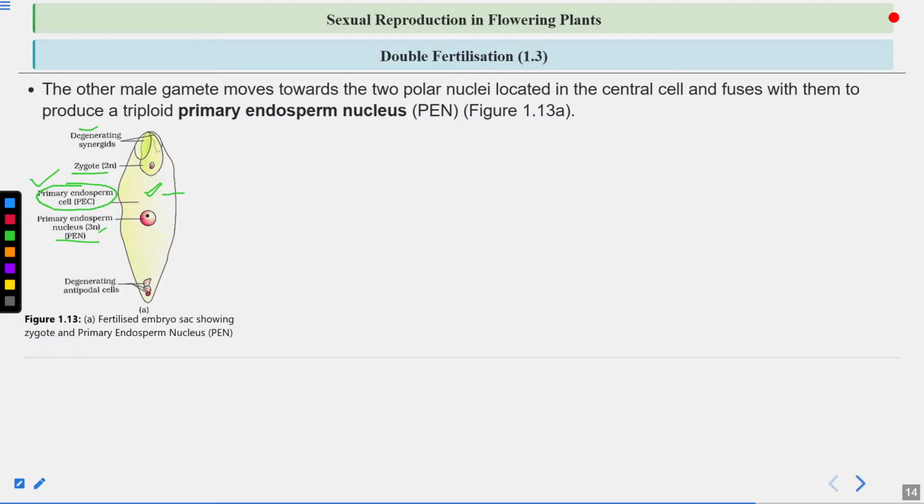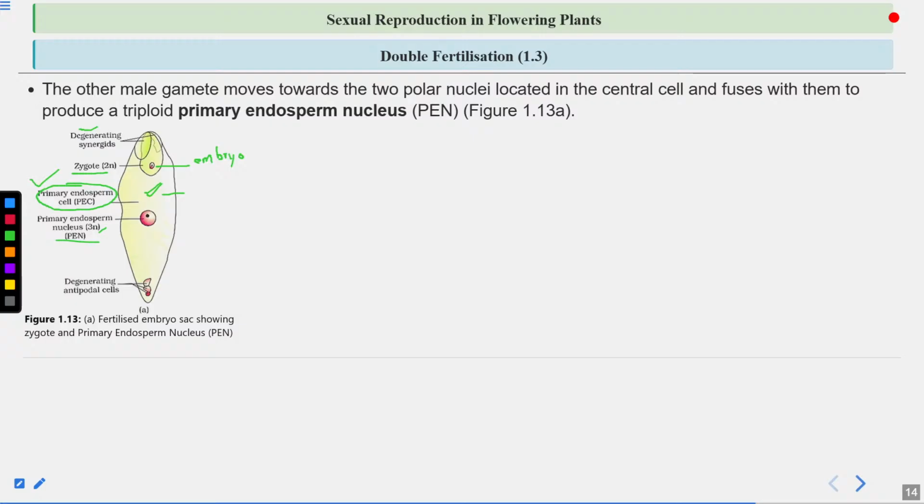Now this zygote will form the embryo. And this primary endosperm cell will form the endosperm. Endosperm is important because the reserve food material comes from this endosperm only, and it provides it to the developing embryo.